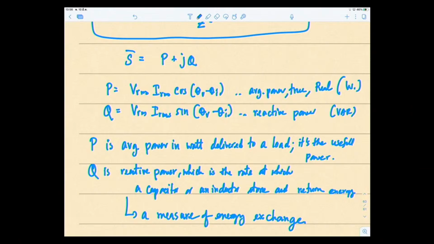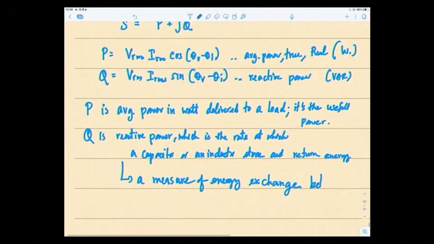Exchange between what? Exchange between the source and the reactive part of the load.